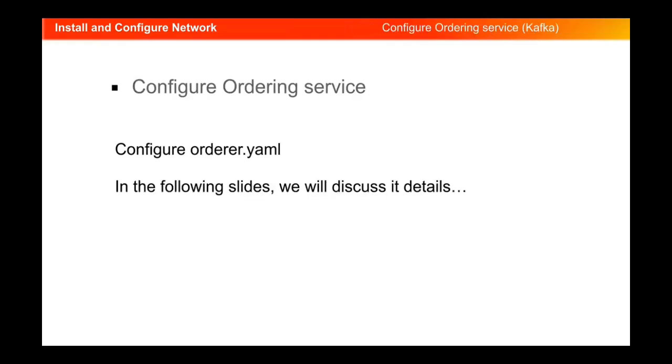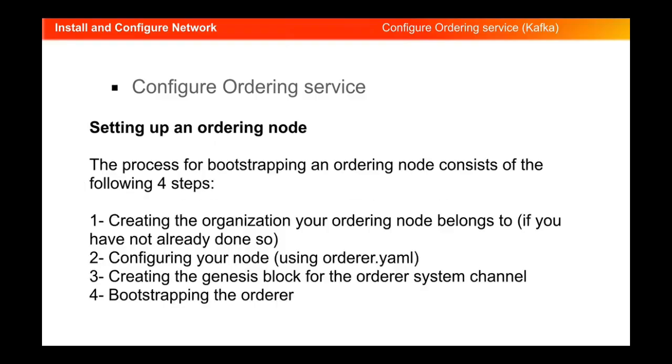Next is configuring the ordering service. Configuring the ordering service is done in a file called orderer.yaml. Setting up the ordering node takes a step-by-step process. The process of bootstrapping an ordering node consists of the following four steps.